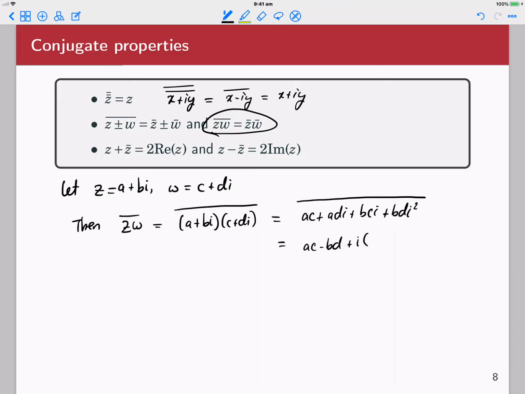If you take out a common factor of i, you get ad plus bc. And you want the conjugate of this. Remember, what do we do when we take the conjugate? We just reverse the imaginary part. Currently it's plus, I make it a minus. So I get ac minus bd minus i times ad plus bc.